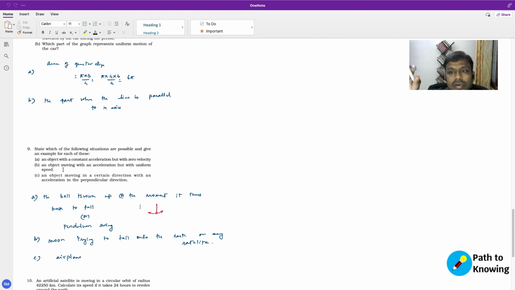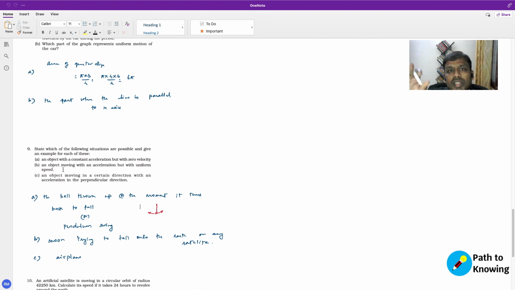It continues to always fall, but the Earth is also moving around the sun. Every time the moon tries to fall, the Earth moves because of its rotation and creates that additional gap.